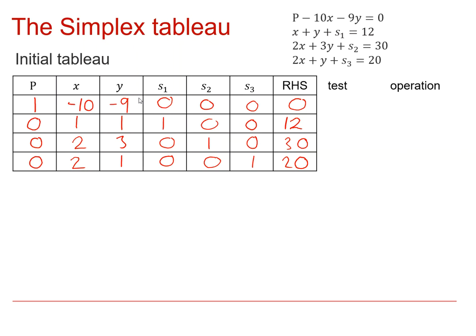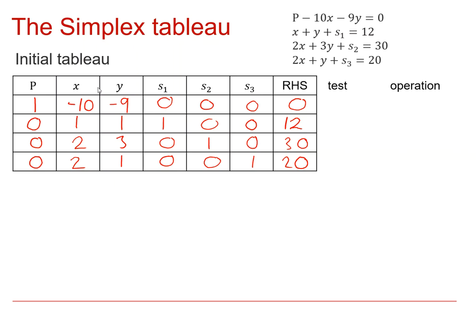It would mean that your initial Tableau represented the optimal solution, and the interpretation would be that the optimal solution is for x and y to equal 0. As I say, that's unlikely to happen because you wouldn't need to do any work, but what you'll be doing every stage, every time we generate a new iteration of the Tableau, is looking at that top row and seeing if there are any negative numbers. As soon as we get to a stage where there aren't any, that's when we're going to stop.